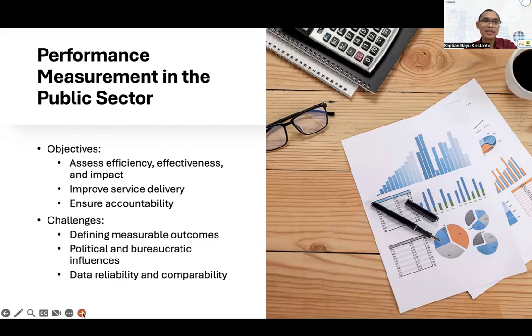That's why performance measurement in the public sector has difficulties, because sometimes the outcome cannot be accurately captured by measurable activity.